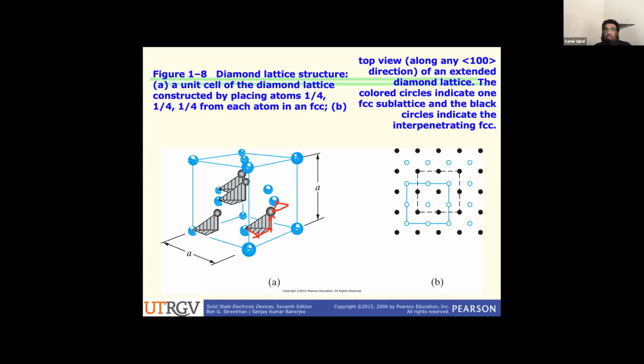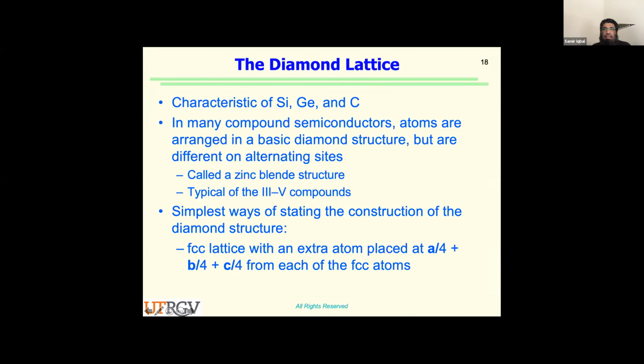Now I go back to my previous slide and talk about that bullet point I skipped. So what does a diamond structure mean? It is an FCC lattice with an extra atom placed at every A quarter vector, B quarter vector, C quarter. Basically in the X direction, go 1/4 of the lattice constant.